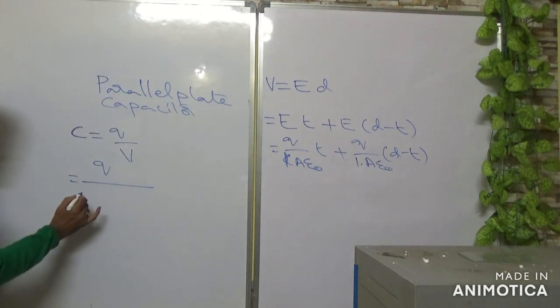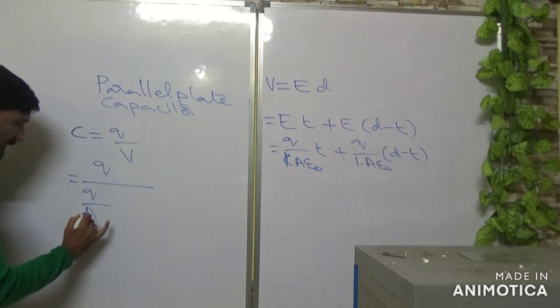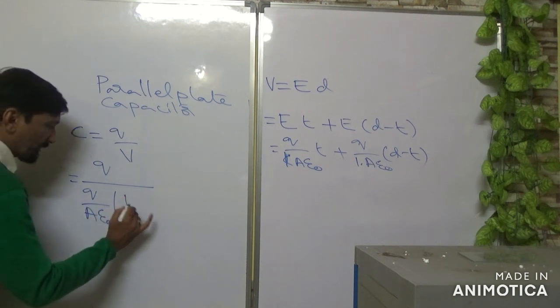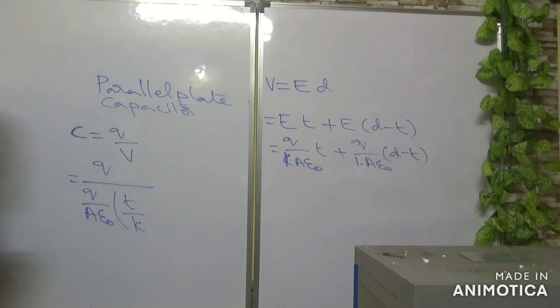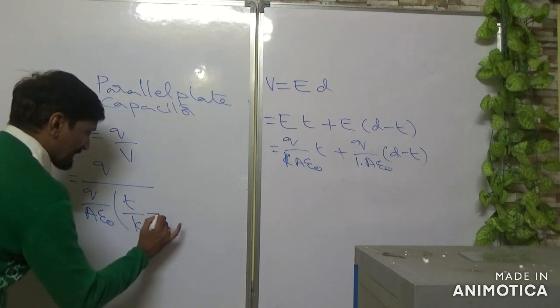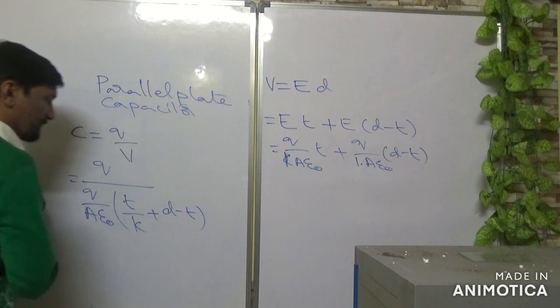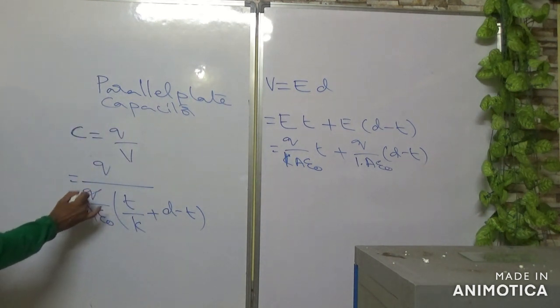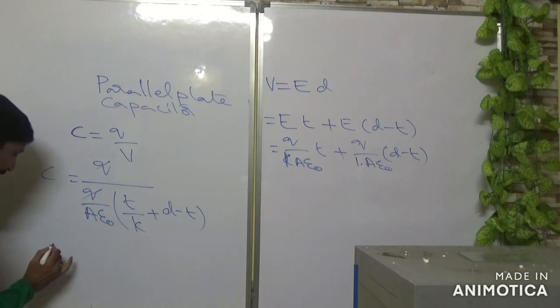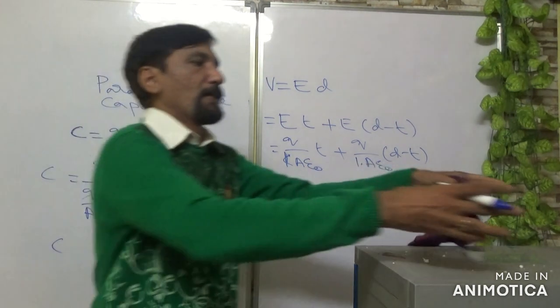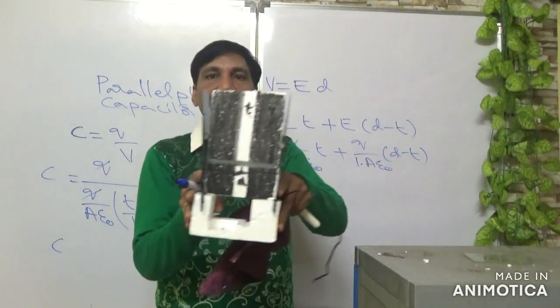So taking Q by A epsilon naught common, you get T by K plus D minus T. Okay, so Q gets cancelled, right? The effective capacitance between the parallel plates when they are filled partially like this.